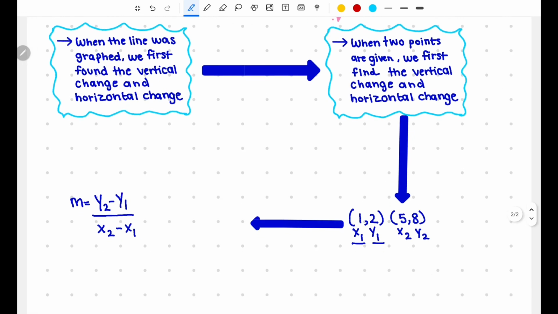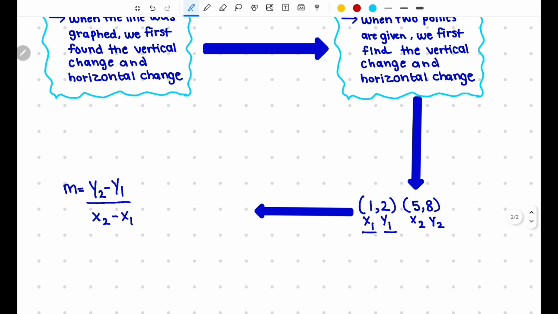Let's go deeper into this. M, if you recall from the last video, the variable that we use for slope is m. Basically, slope is equal to y2, 8, minus y1, 2, over x2, 5, minus 1.